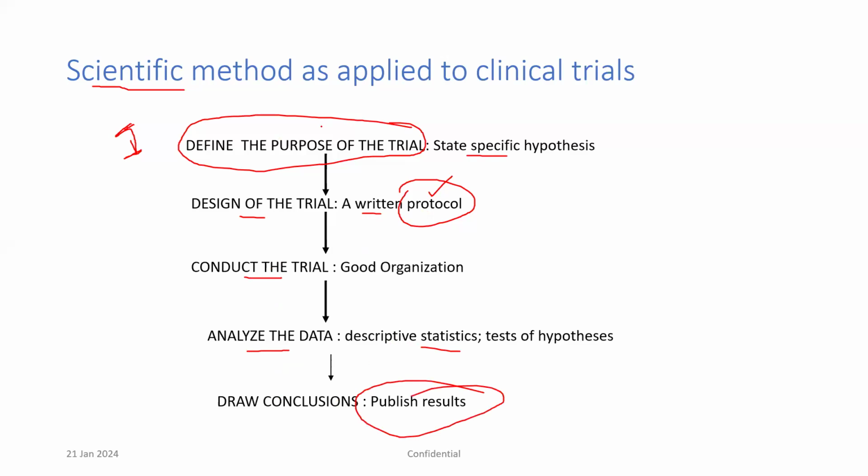So you plan your experiment, design your protocol, carry out your research according to this protocol, take the readings, analyze that data with statistical tools, and finally publish the result. This is the life cycle of any clinical trial.